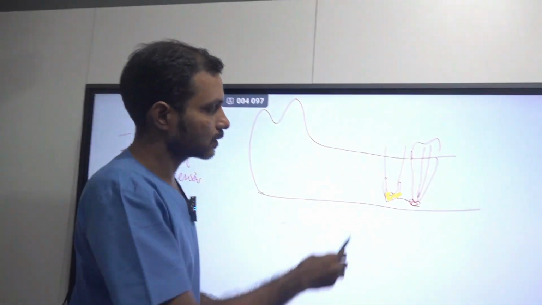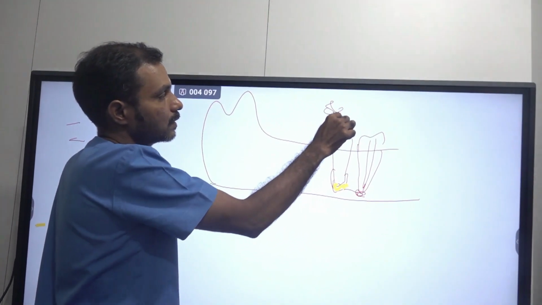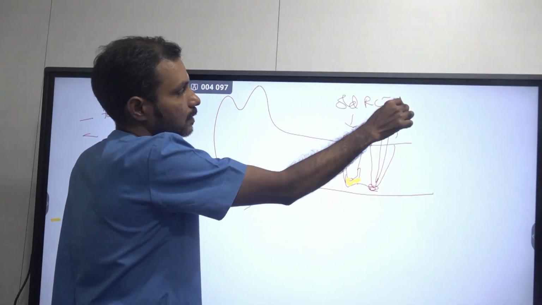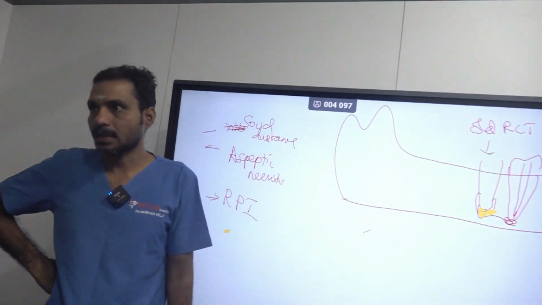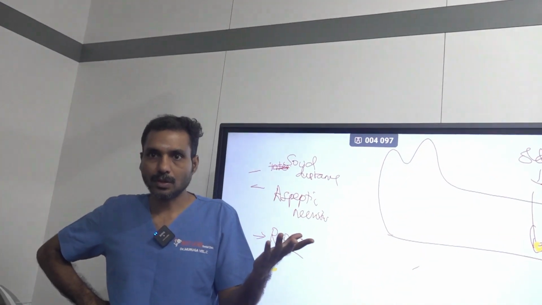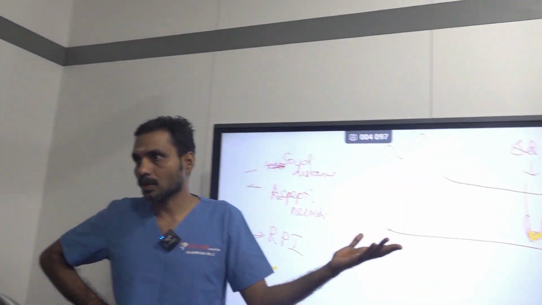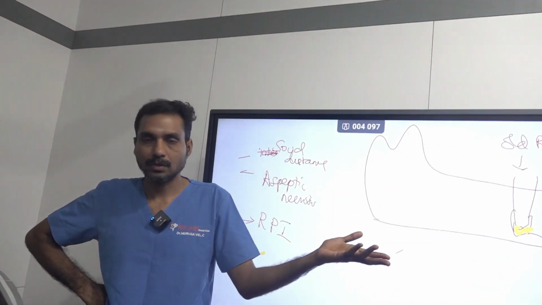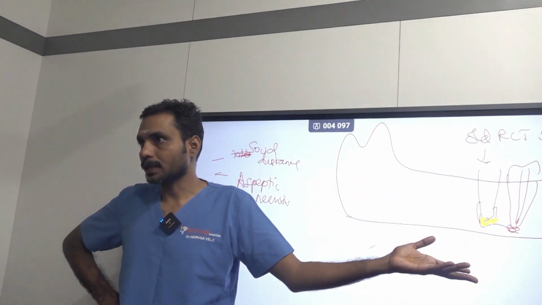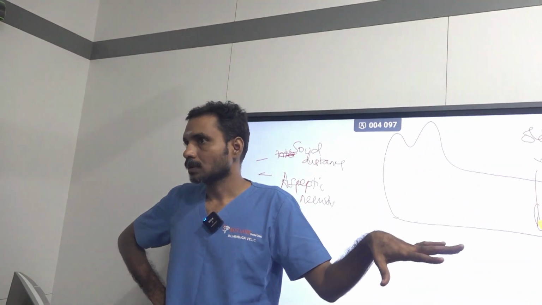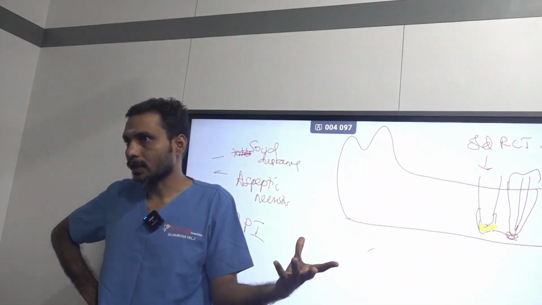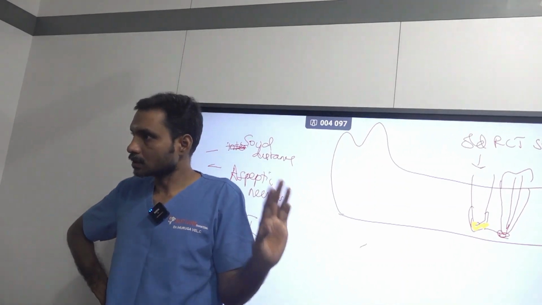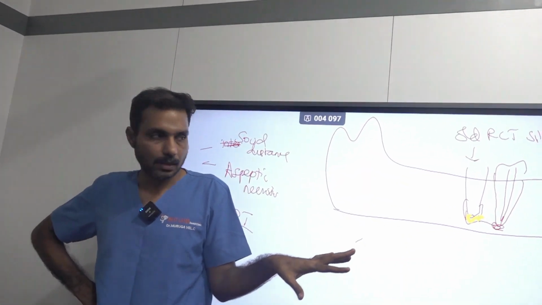Another reason is if it is an old RCT site or some periapical infection extraction site, the previous doctor who removed the root canal treated tooth or periapically infected tooth might not have cured it properly. So some granulation tissue remnants will be there, which is not resolved by the body, or some gutta-percha, or some foreign materials are there.